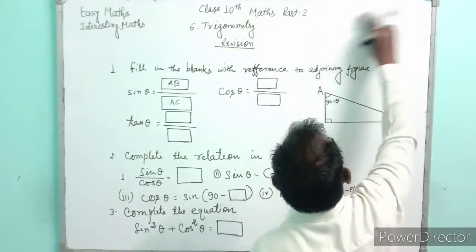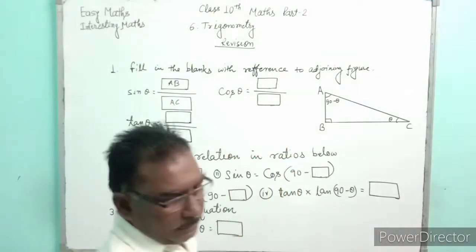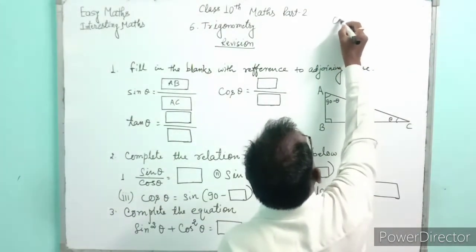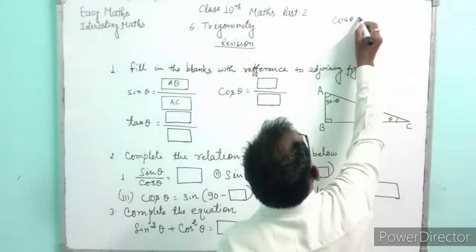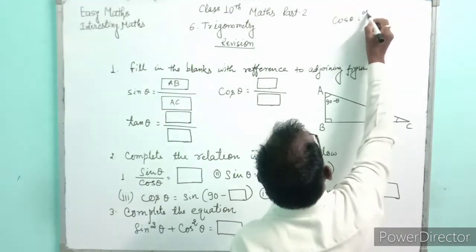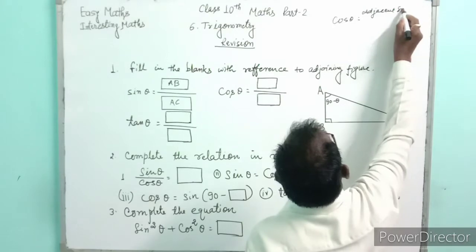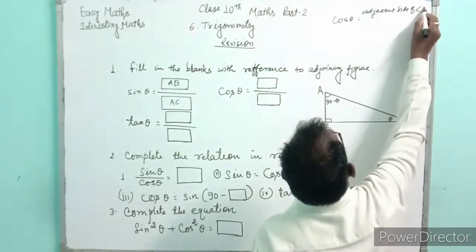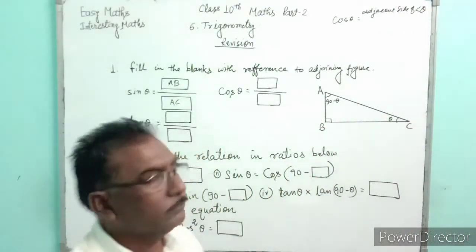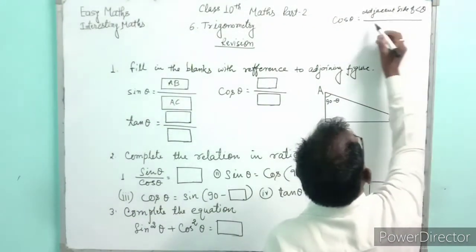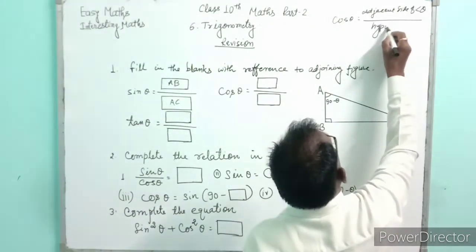Now let us see the ratio cos theta. Cos theta is equal to the adjacent side of angle theta divided by hypotenuse.